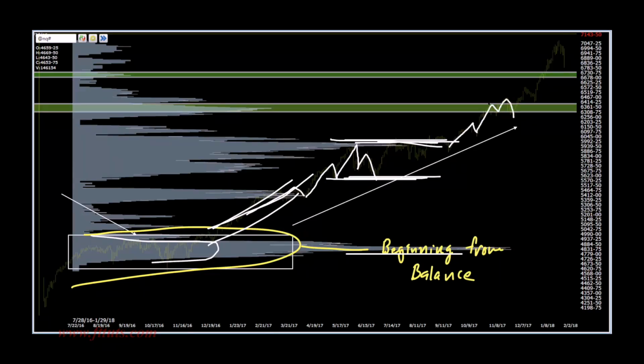And then it makes a lower low. Now I'm in a new range, pushes out, comes back, tests the top of that range, makes another move. So we don't have to have a test. We can actually just have move, rest, move, rest.